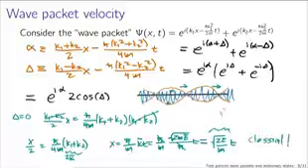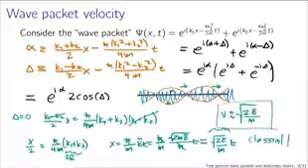Let me rewrite this. The velocity we get for a wave packet now, this is only approximate, so I should write it as approximately equals, and it's not twice the energy, it's twice the average energy divided by mass in the square root. So this is not exactly the classical formula because now we don't necessarily have a single energy.